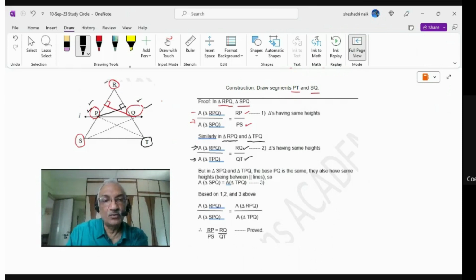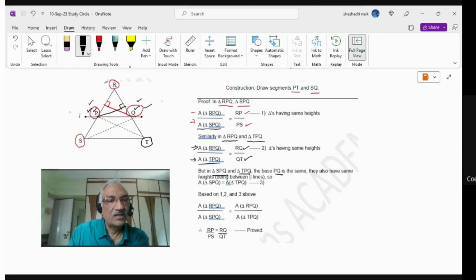Now you see that the two denominators are the same. SPQ and TPQ, the areas of these two triangles will be the same. How? In the case of triangles SPQ and TPQ, the base PQ is the same for both the triangles, and they also have the same height since they are between the two parallel lines.